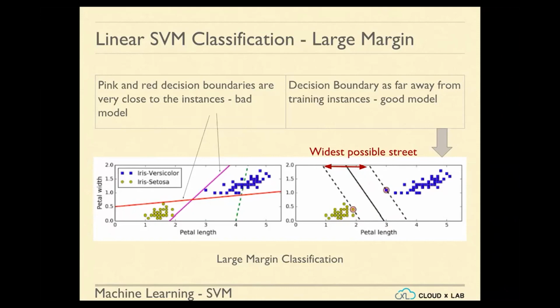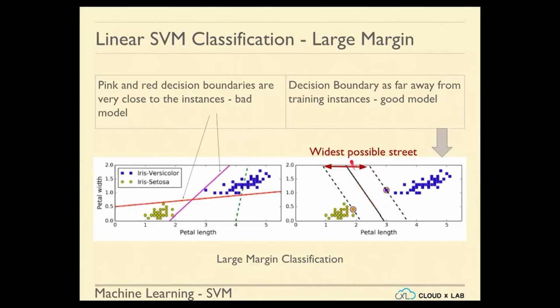So we try to figure out that street which we can fit into the data points, like this, right? What is that widest possible street?